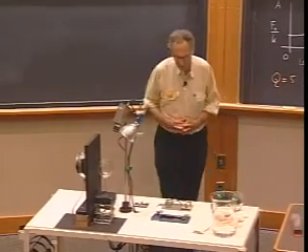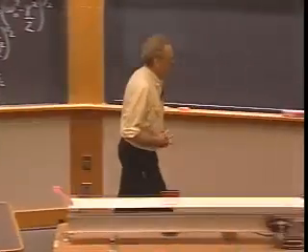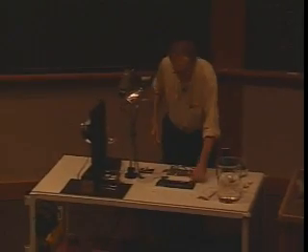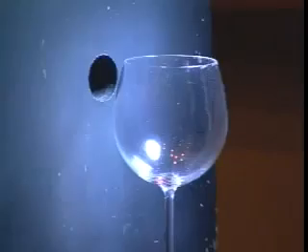So let me first give you the light setting that we want. So we make it a little dark. And then I will show you the glass. Oh, I have to change the setting here. There's the glass.